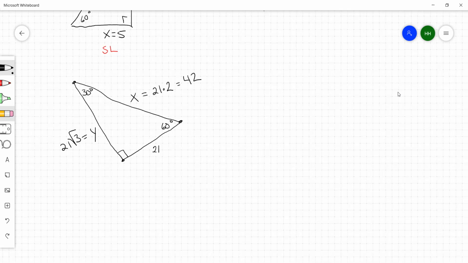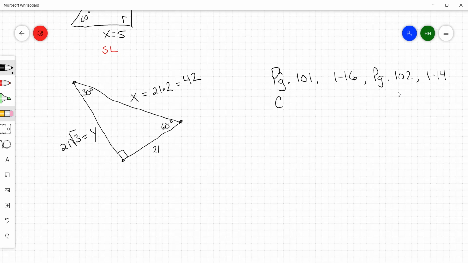Anybody got any questions about special right triangles? All right. Your practice for today is going to be on page 101, 1 through 16, and then page 102, 1 through 14.